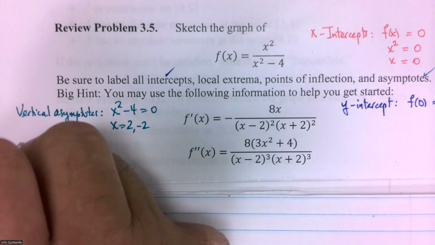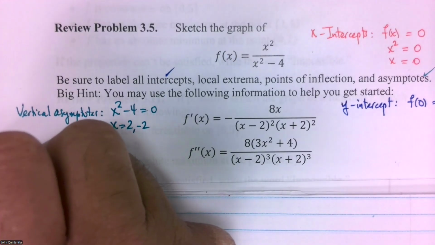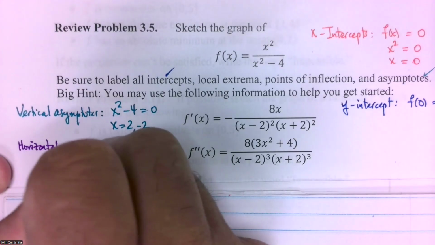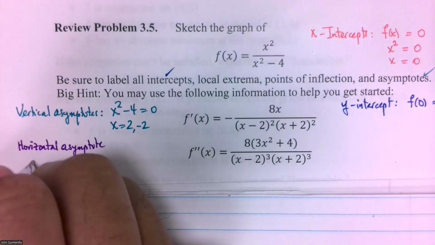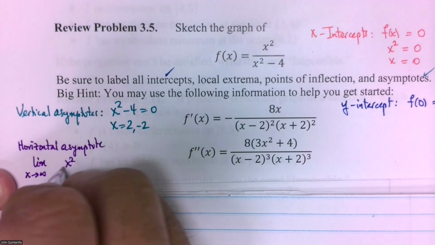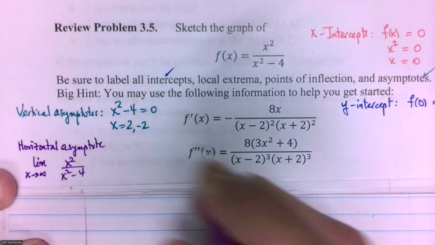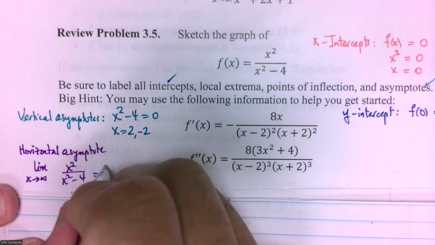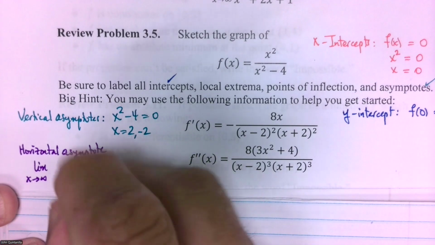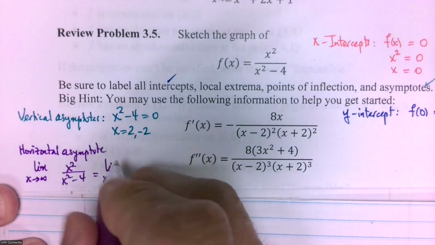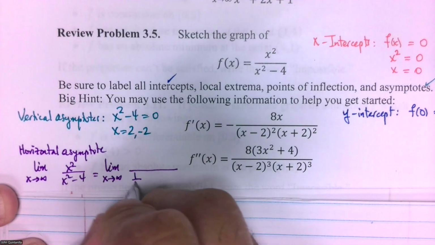Horizontal asymptote. We figure out the limit as x approaches infinity of x squared over x squared minus 4. And the standard technique is to divide top and bottom by the highest power in the denominator. So the highest power in the denominator is x squared, so we multiply by 1 over x squared.